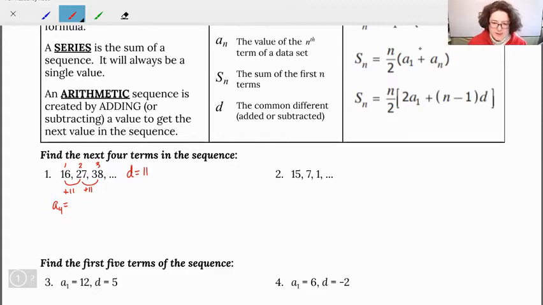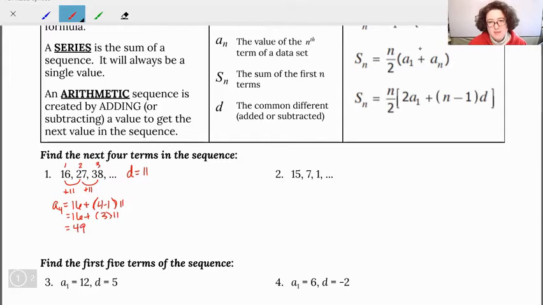So if I plug that in, that means I'm going to have 16, my first term, plus n minus 1, so 4 minus 1, times my d, which is 11. So figuring that out, I have 16 plus 3 times 11, aka 16 plus 33, which is going to give me 49.